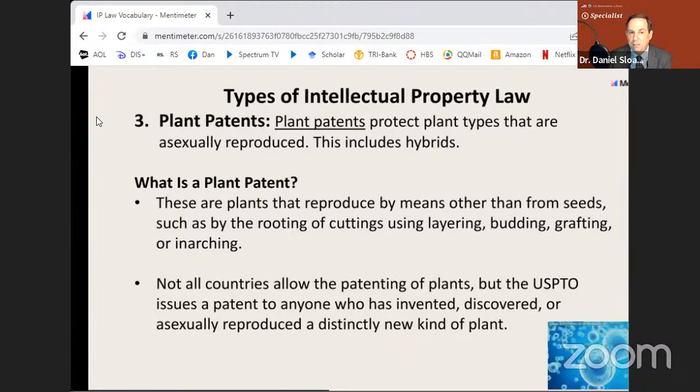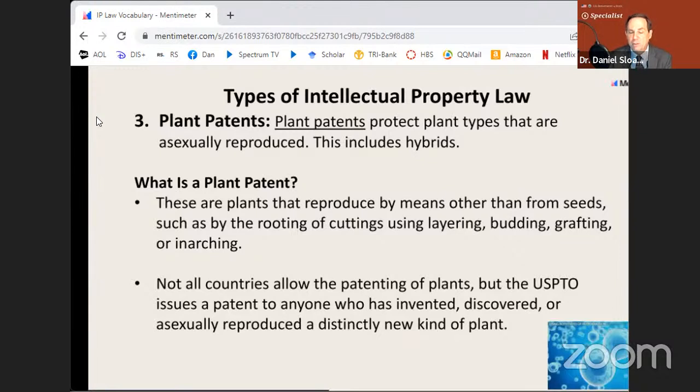What is a plant patent? These are plants that reproduce by means other than seeds, such as by rooting of cuttings. So if you cut a plant and put it into the ground and it grows new roots, layering, budding, grafting, or inarching.